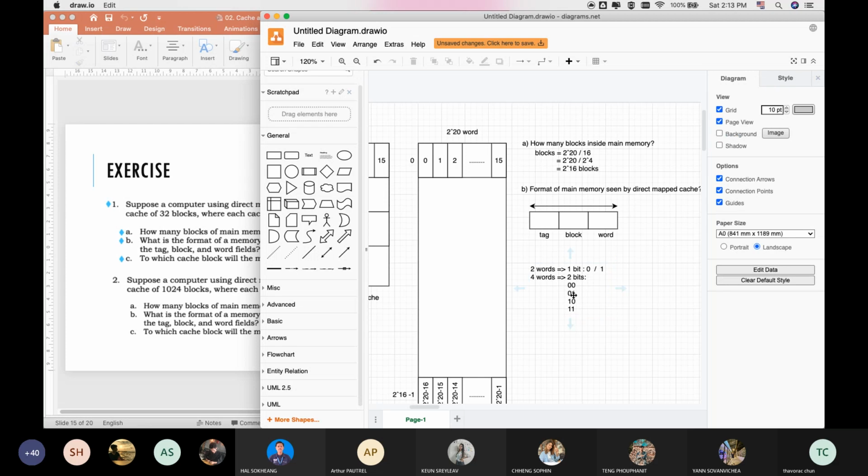So we have 4 possible values, and each value can represent the address of one word. Okay, and as we have 4 words, we need 2 bits.